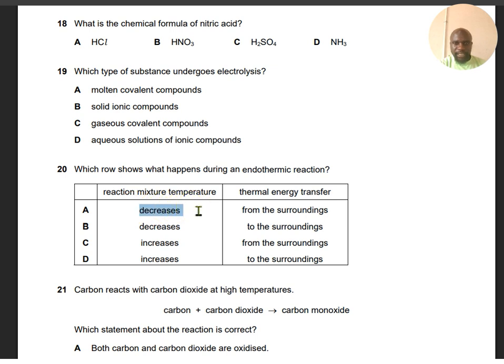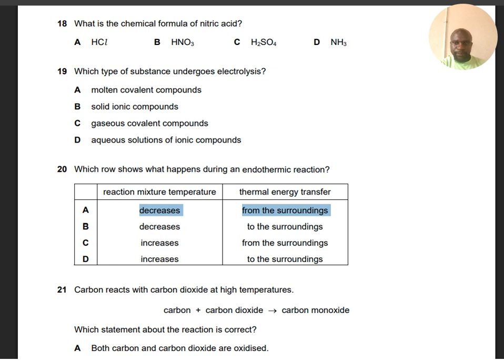Exactly, this is correct. Then thermal energy transfer is from the surroundings. Exactly. This explains the endothermic reaction correctly. The reaction mixture temperature decreases, and thermal energy is transferred from the surroundings. This is correct, and all other options are incorrect.